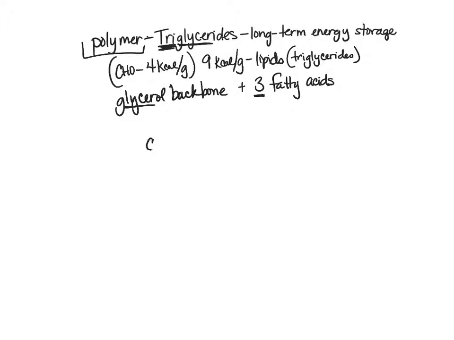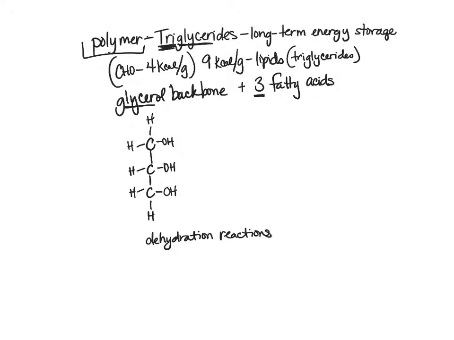So what we have is this glycerol backbone, which is a 3-carbon chain with hydroxyl groups. And we are going to join that via dehydration reactions to our fatty acids.